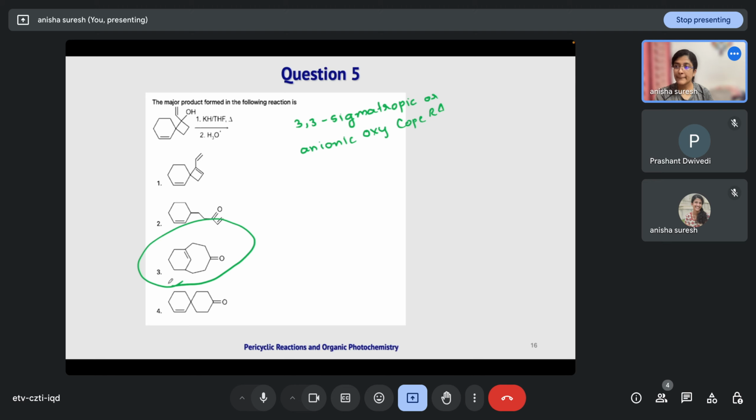Any doubts? Option 3 is the right answer. If there are no doubts, we can move to question number 6.